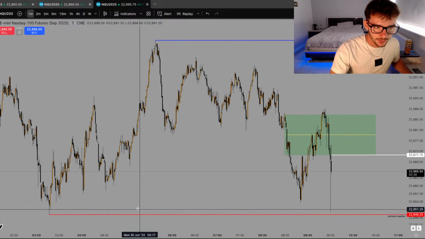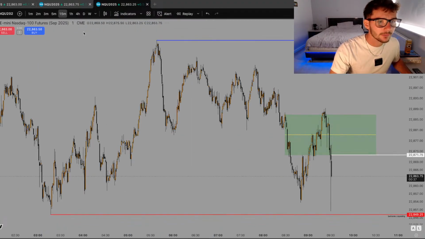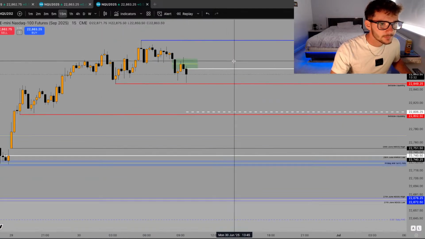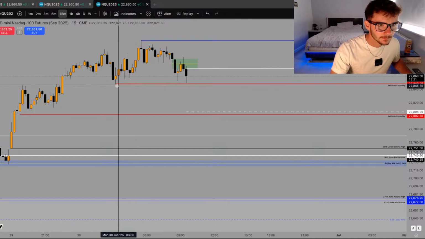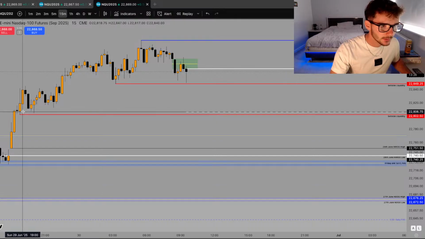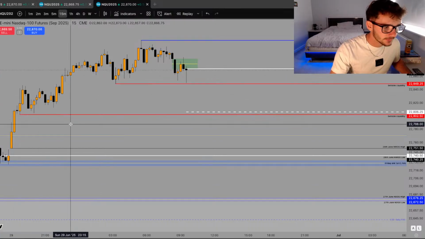There's some equal lows that I've just highlighted on the 15-minute chart. They were a pretty obvious draw. Also London lows, and then we have Asia's low, which are relatively equal as well.